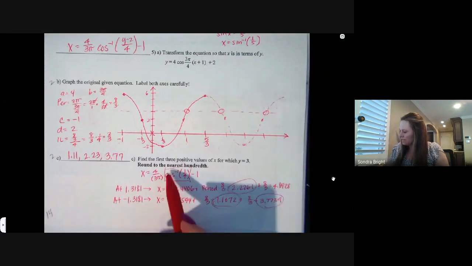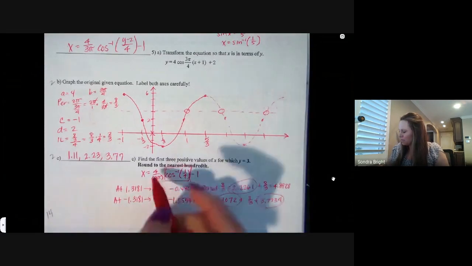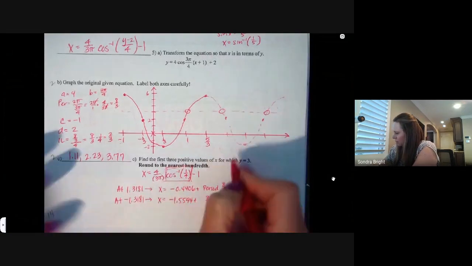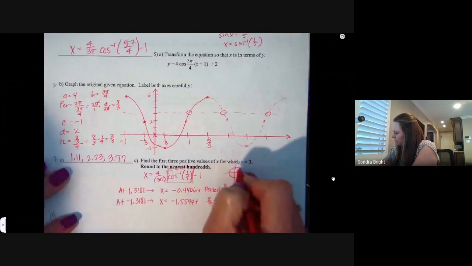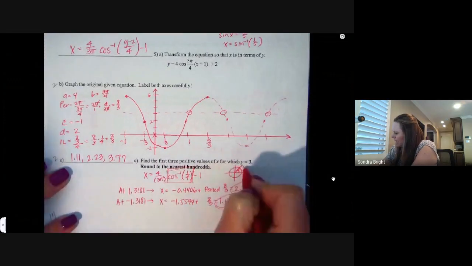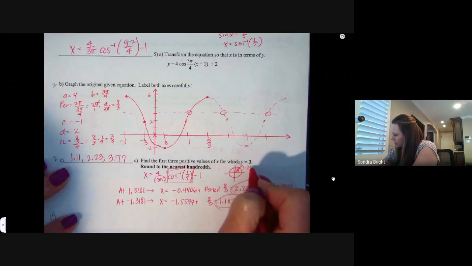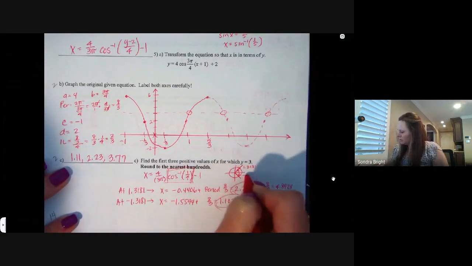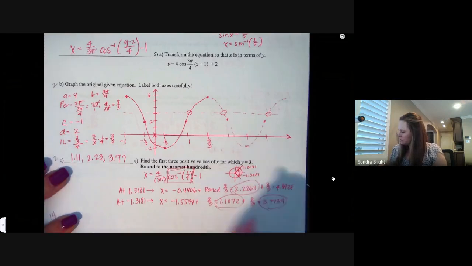And when I did, I got 1.3181. Cosine is positive here at 1.3181. It's also positive in the -1.3181 direction. So that's where I got these two values to plug in to my formula.